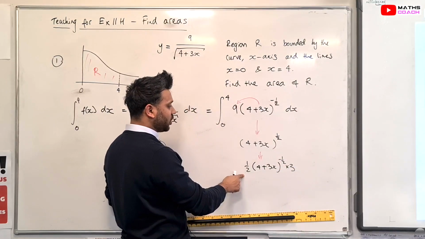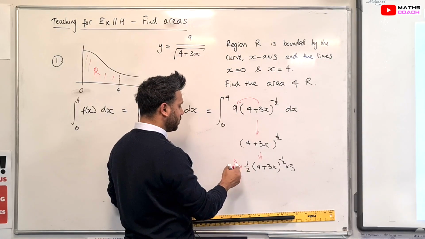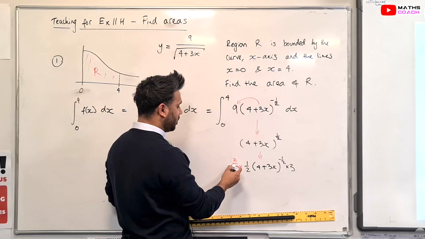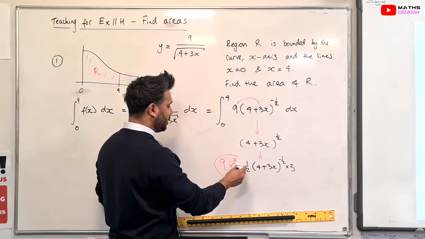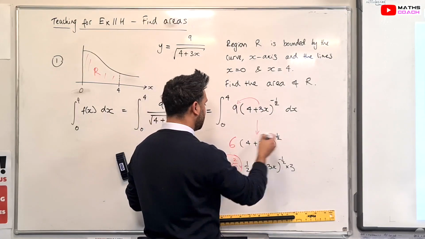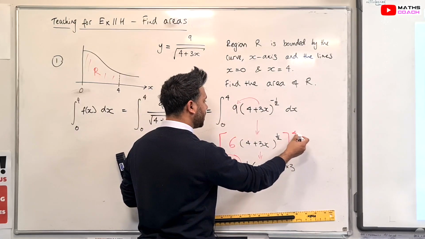This in effect is 3 over 2. We need to cancel off the 3 over 2 by multiplying by 2 over 3, followed by we need a 9, so times by 9. Altogether our multiplying factor is 6, and therefore we are now integrating.